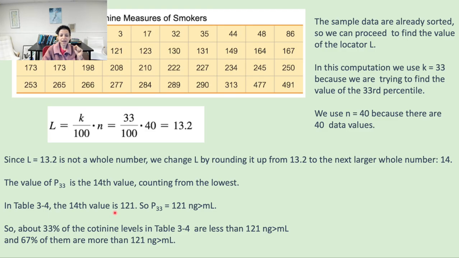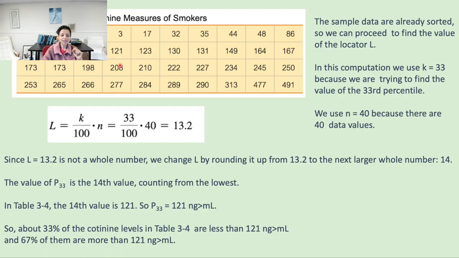So that means that 121 is in the 14th position. So that means 121 represents the 33rd percentile.